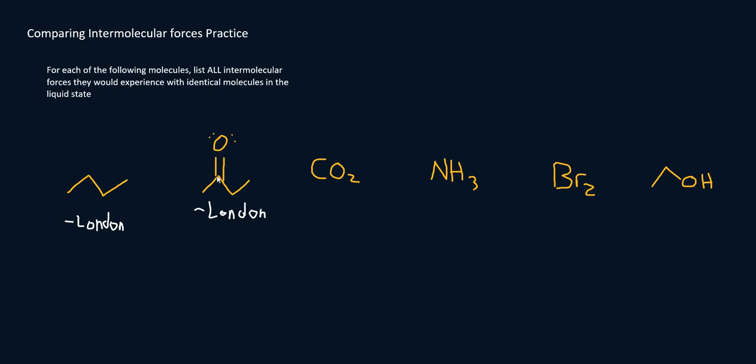But we do have this carbon right here double bonded to this oxygen, and there is going to be a bond dipole right here. So yes, this is a polar bond on this molecule. The question is, is this a molecular dipole? Is it true for the whole molecule? Well, we only have this one bond dipole, and it's pointing in the up direction.